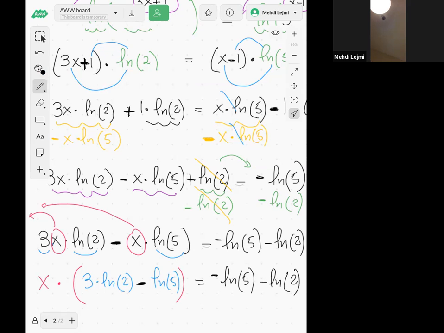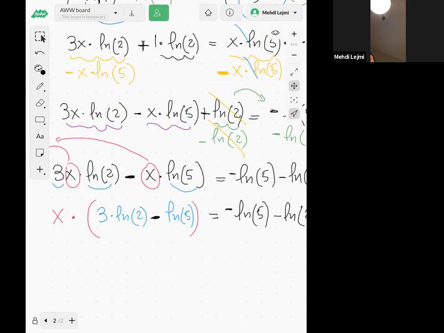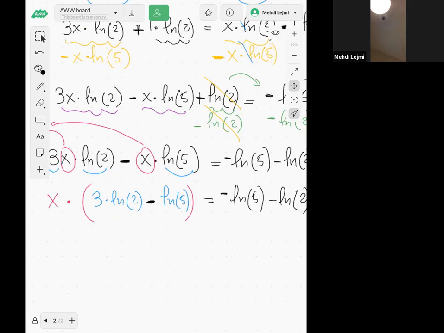And now it's x times this number between the parentheses. We don't care what the number is. To get rid of that number, just do the opposite operation, right? So divide by the same thing. I'm going to divide by this 3 natural log of 2 minus natural log of 5. Okay, both sides, of course. So 3 natural log of 2 minus natural log of 5.